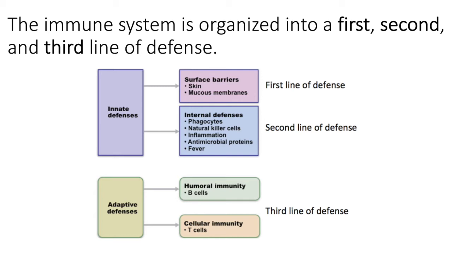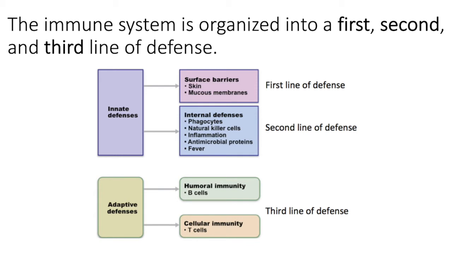The skin has a low-ish pH, as does the environment of the stomach and the vagina. That acidity inhibits microorganisms. Also, the mucous membranes are coated in mucus, and so that sticky surface will trap debris, particulate matter, as well as bacteria, fungi, viruses.